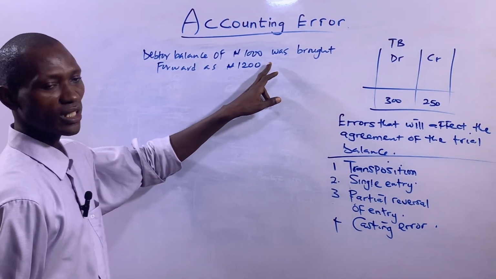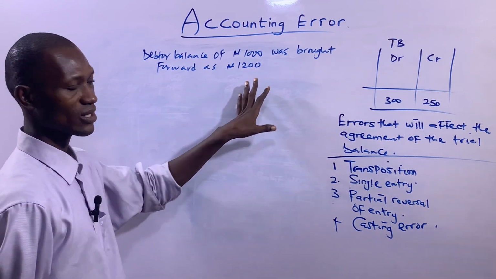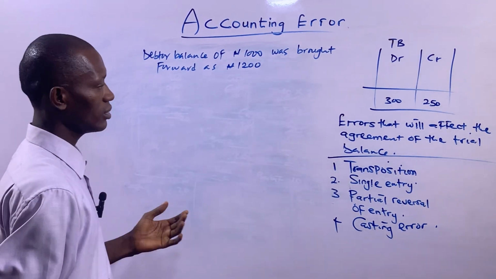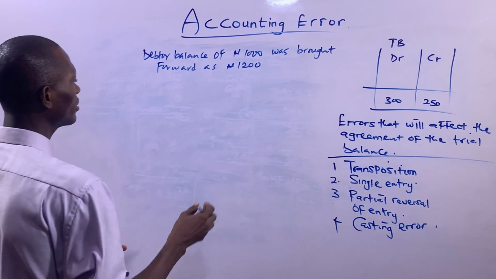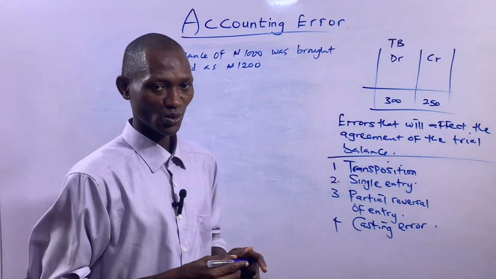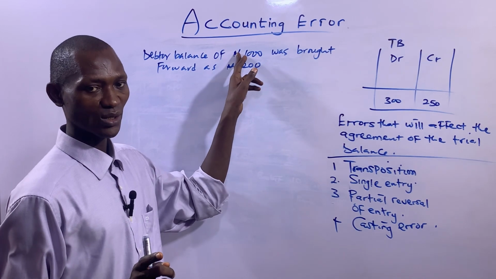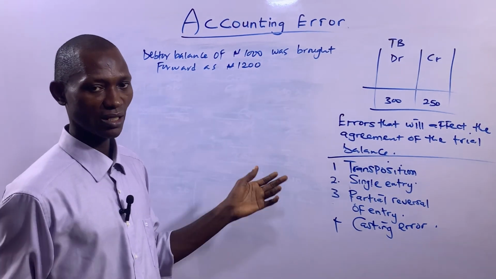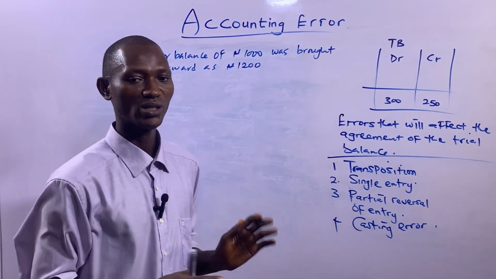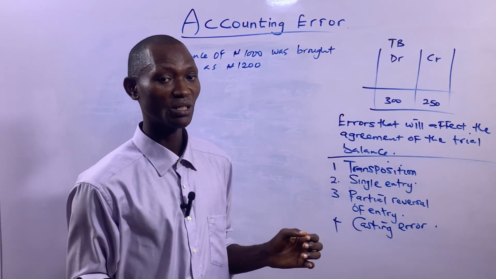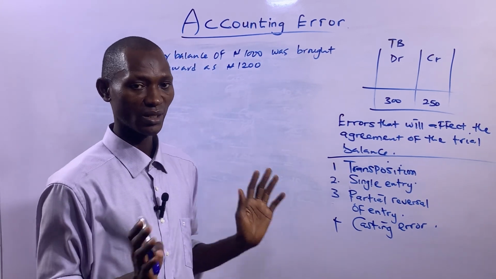This is an error. That means ordinarily the balance in the debtor's account ought to have been 1,000 naira, but mistakenly 1,200 naira was written as the opening balance in the debtor's account. That's what it means.